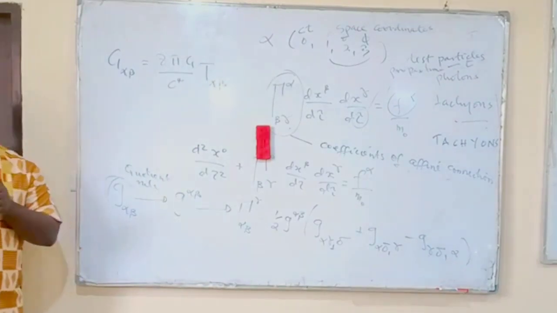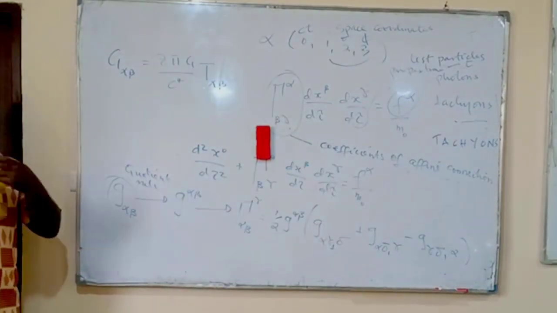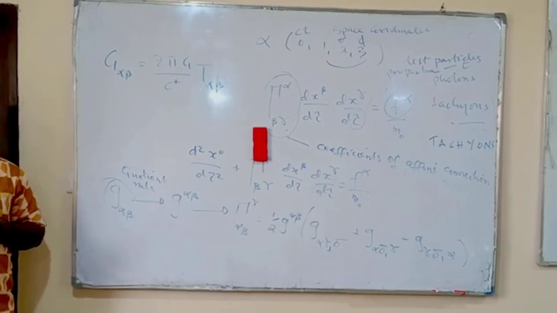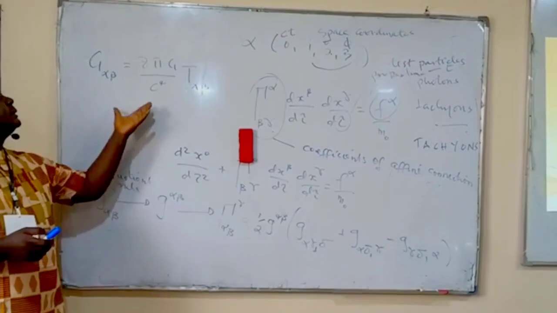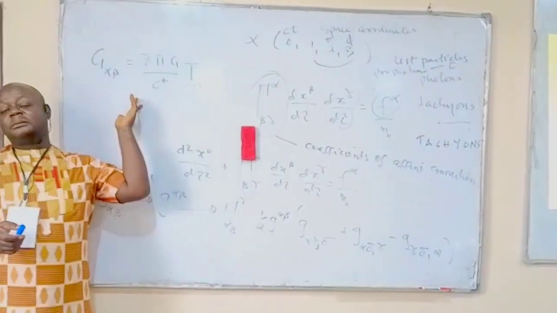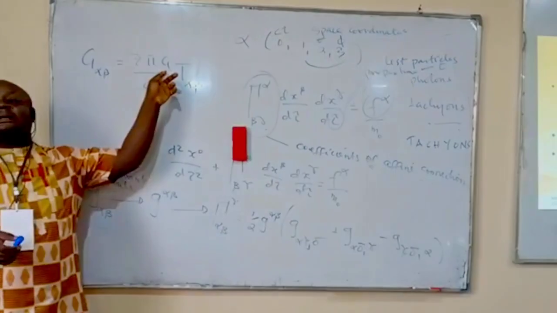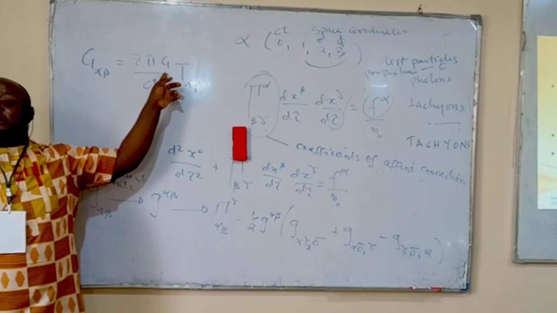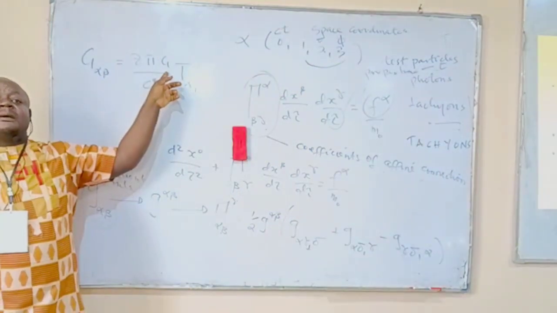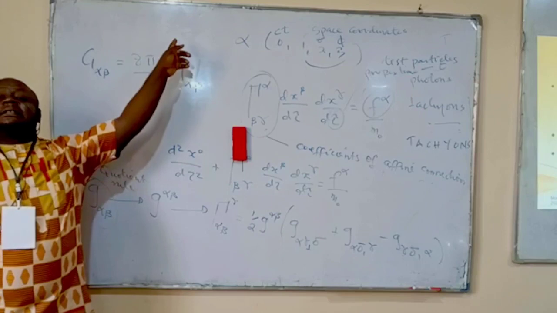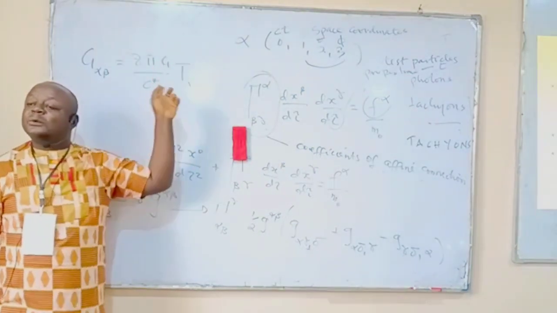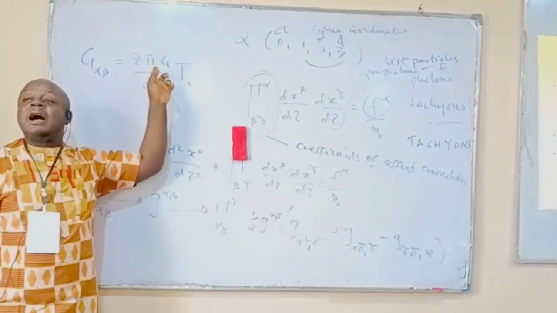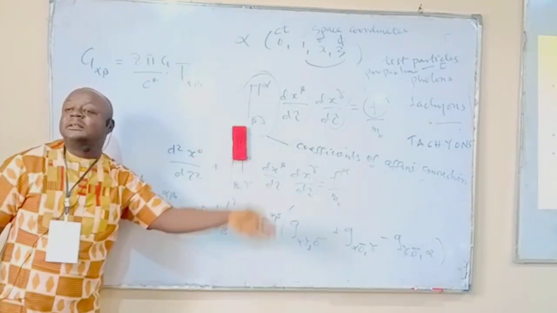Actually, there are some physicists that still argue the authenticity of general relativity to date, and they base their arguments on this field equation. We had defined G earlier as the universal gravitational constant. Their argument is that this G is a dynamical quantity. So how come you take a dynamical quantity and feed it into a geometrical theory?